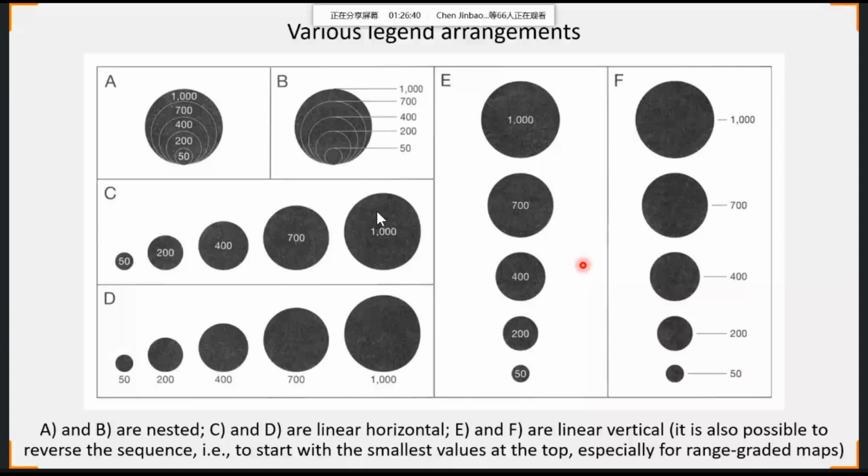So there are arguments for reversing the order. It also depends a bit on the topic. So what kind of numbers are shown here? Is this about population or certain population groups? Or does it have another meaning? Sometimes there are meanings that are positive or negative. And maybe you want to start with the positive ones, or you want to start with the negative ones. This might also be an argument for one or another solution.